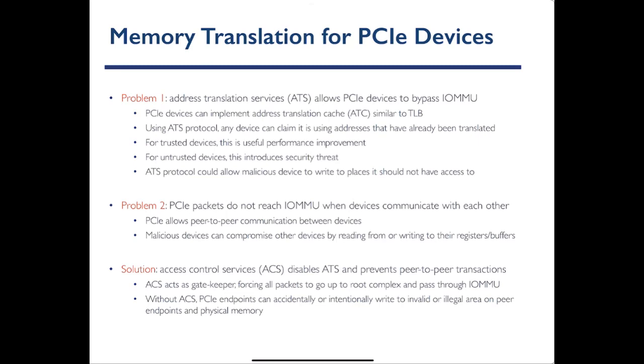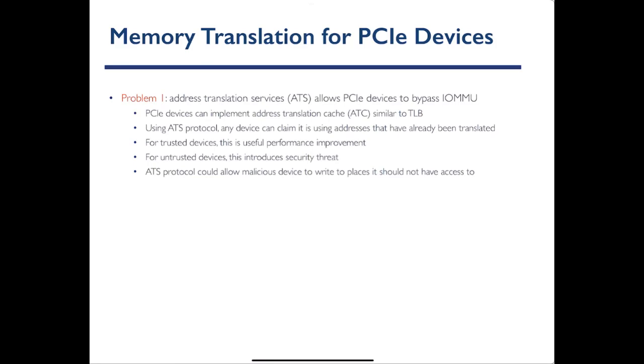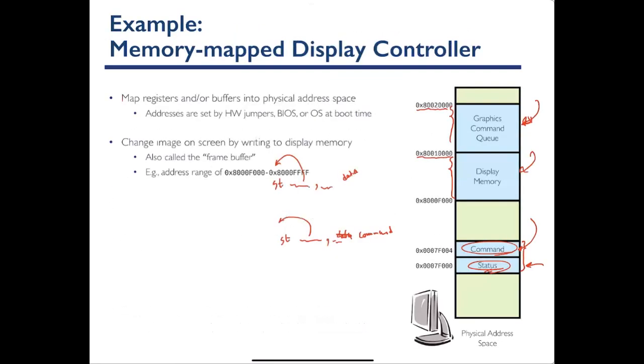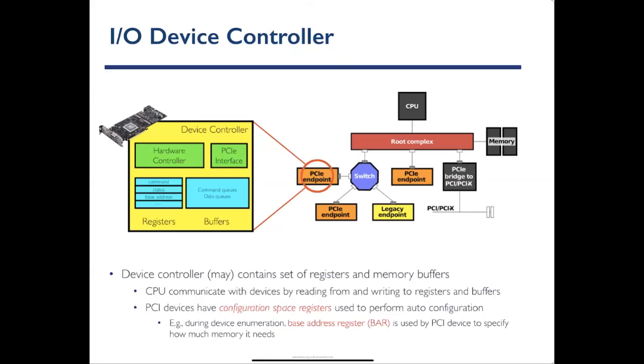Second, we also don't allow devices to communicate directly to another device by bypassing the IOMMU. So if you remember, if I go back to this picture here, this PCI device could send a request to this other PCI device without going to this root complex where the IOMMU is implemented.